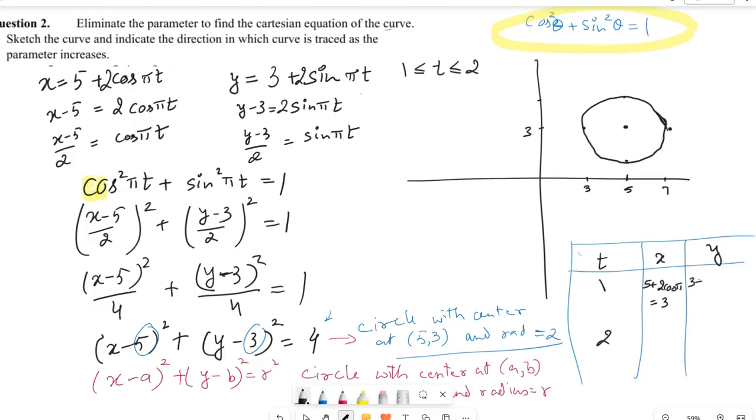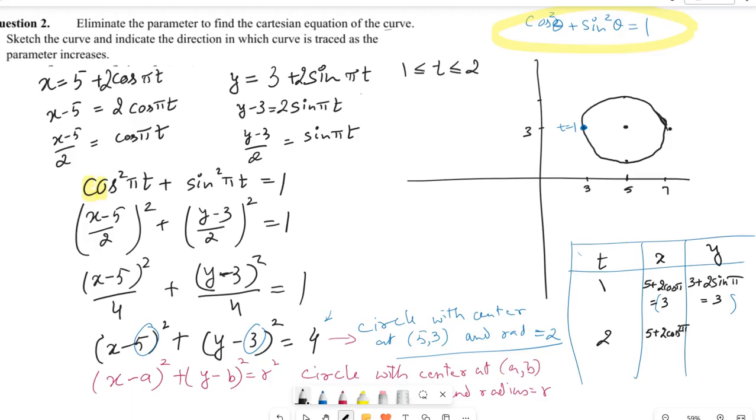And y is 3 plus 2 sine pi, that is 3 plus 0, which is 3. So the starting point here is 3, 3. 3, 3 is this point. At this point, t is 1. Let's work on 2. When t is 2, x value is 5 plus 2 cosine 2 pi.